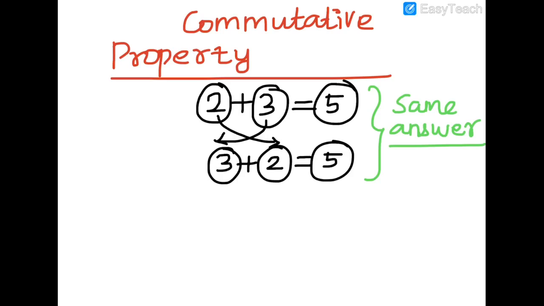Commutative property means you can do the operation in any order. So it comes under addition. Now I'm using the operation addition. So under addition, I will get the same answer. That means it satisfies this commutative property.